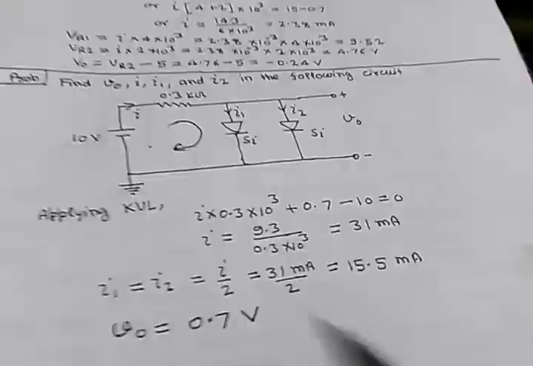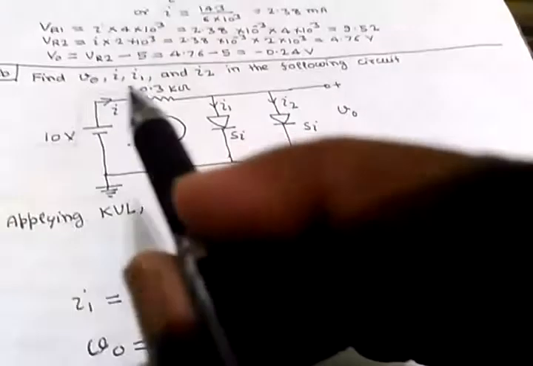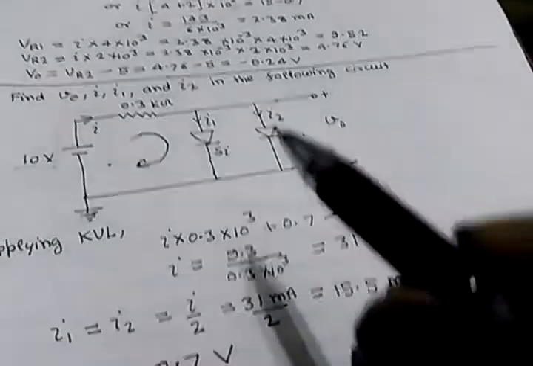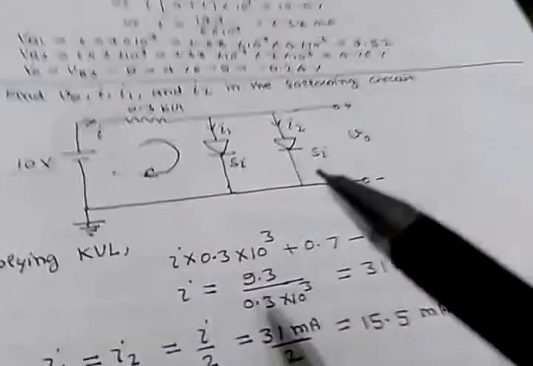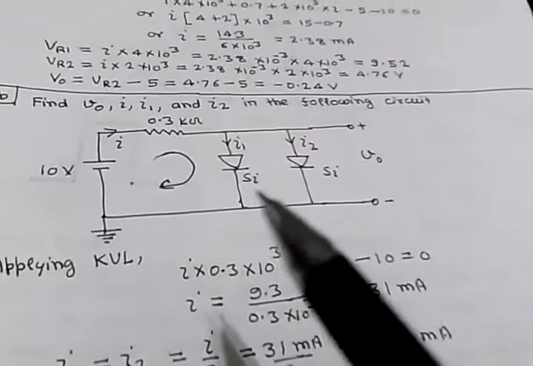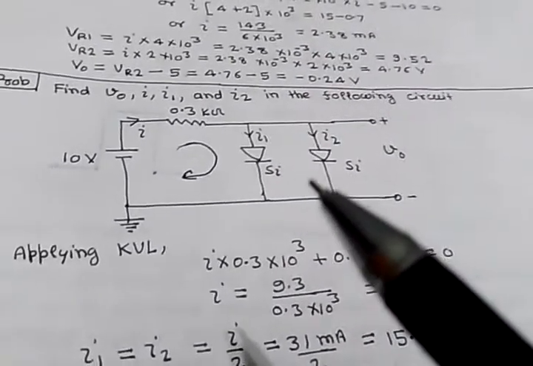The next problem is find VO, I, I1 and I2 in the following circuit. In this circuit, two silicon diodes are used. Both are connected in parallel.